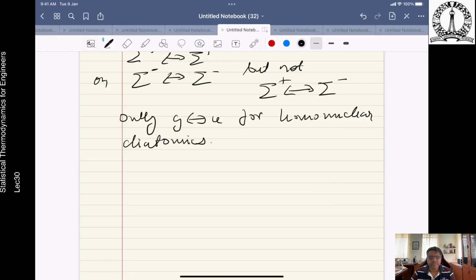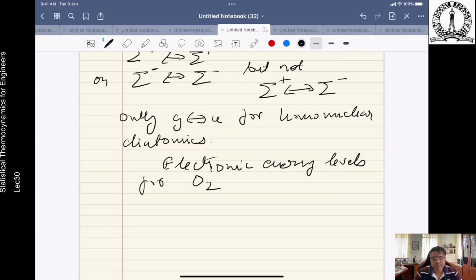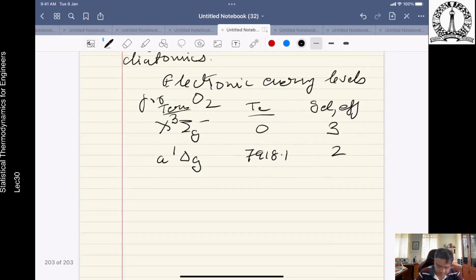So if you recall the electronic energy levels for O2, for example, where the term symbol was X 3Σg⁻, Te was 0, and the effective degeneracy g electronic was 3. Then you had a 1Δg, and so on. Similarly, there is b 1Σg⁺, and then there is A 3Σu⁺, and B 3Σu⁻, which is 49793.3, and this is 3.